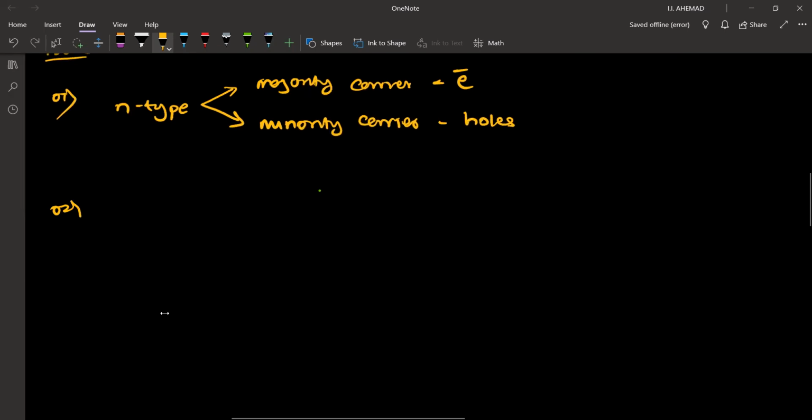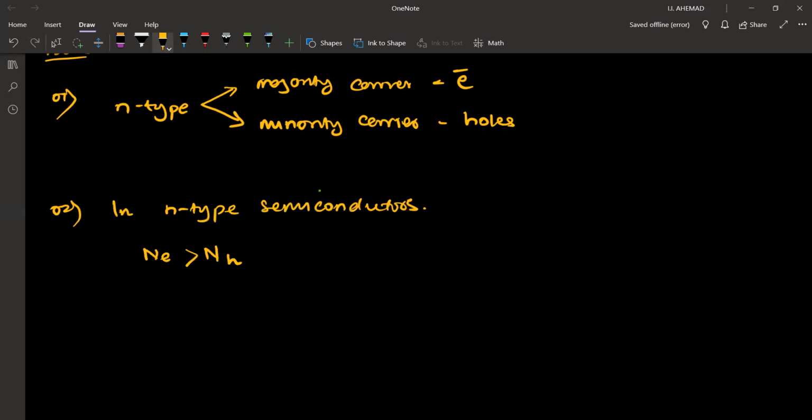Second note. In N-type semiconductor, the number of electrons is greater than the number of holes.